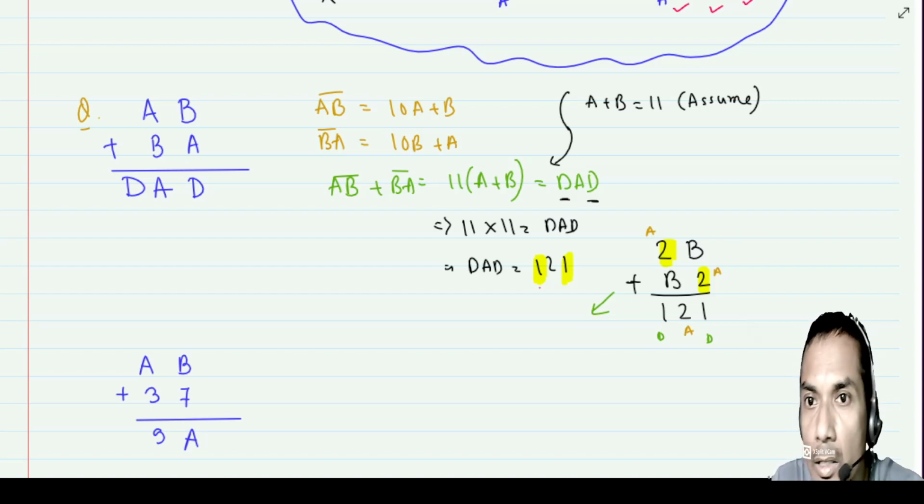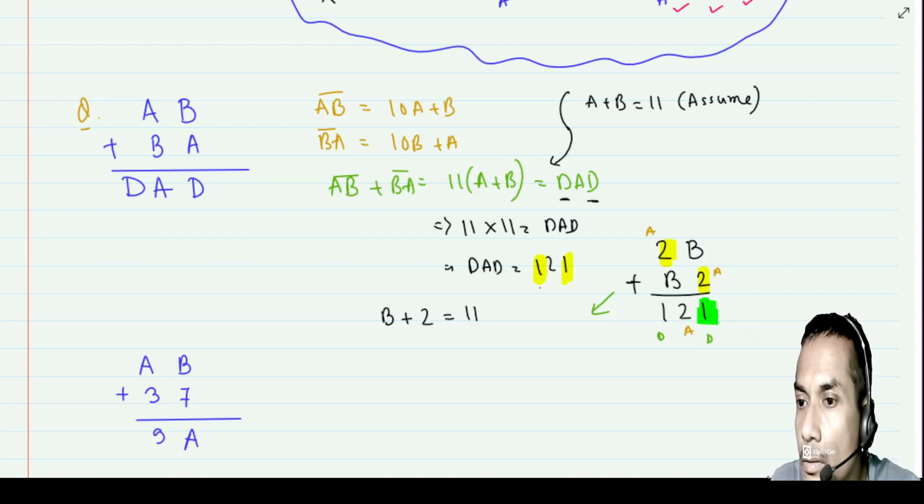I already told you many times, if there is a carry forward, then you consider a 2-digit number. That is, B plus 2 we can write as 11. Why? Because we put the 1 here and carry forward another 1.